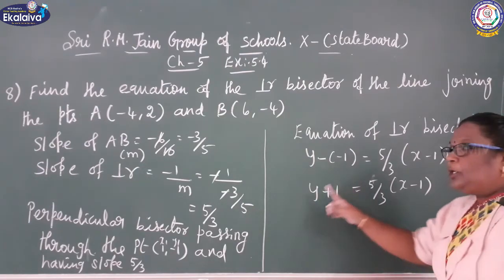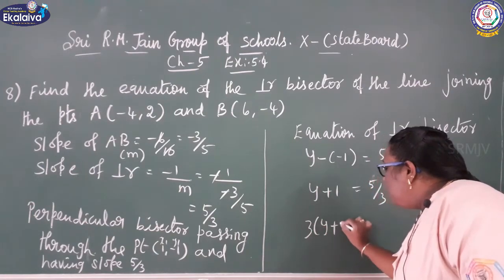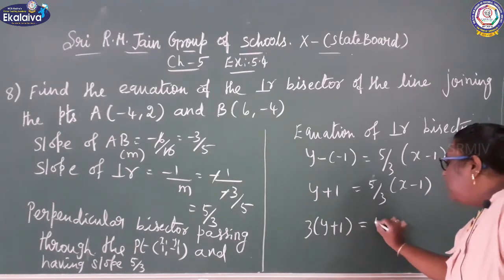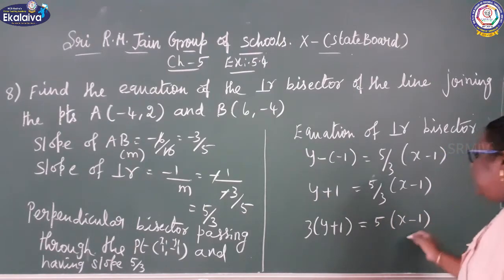You bring 3 to the left hand side. See here, 3 into y plus 1 equals 5 into x minus 1.